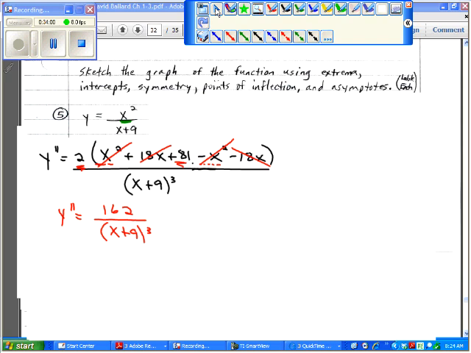And that result is that in the second derivative, I want to find out whether the second derivative is equal to 0 or undefined, right? And so if x was equal to -9, it would create an undefined situation for the second derivative.